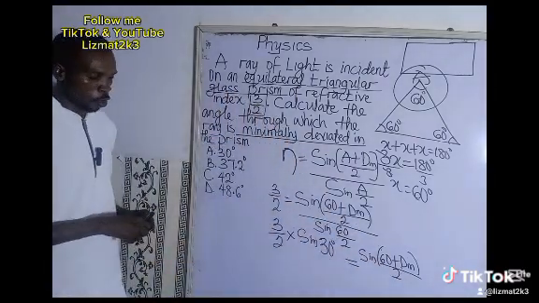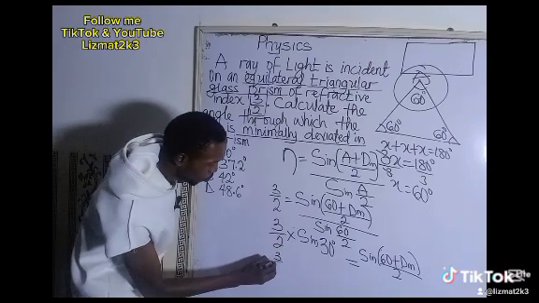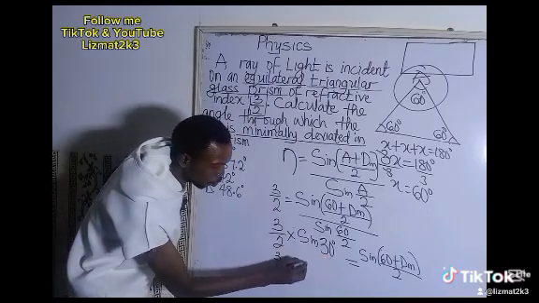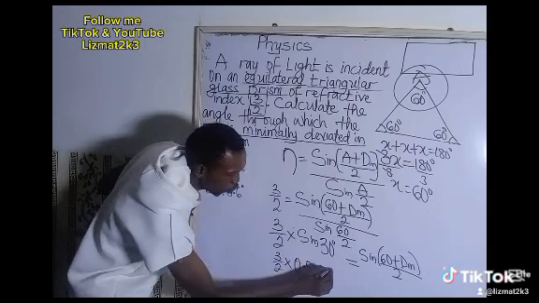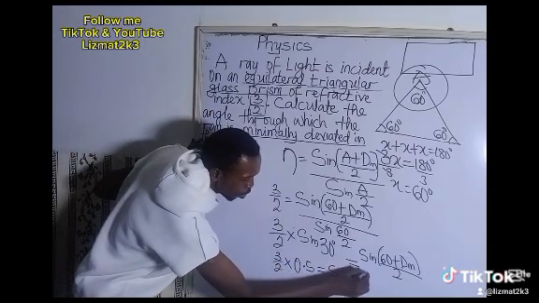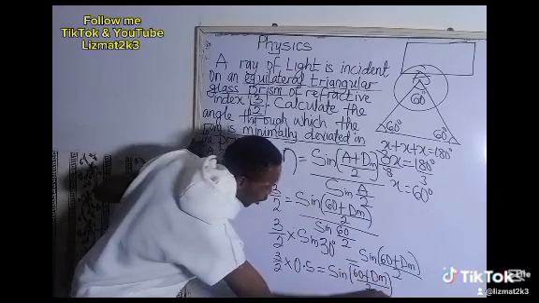Can you see? All right. So what is sine 30? We have 3 over 2 multiplied by sine 30, which is 0.5, is equal to sine of 60 plus the angle of minimum deviation divided by 2.